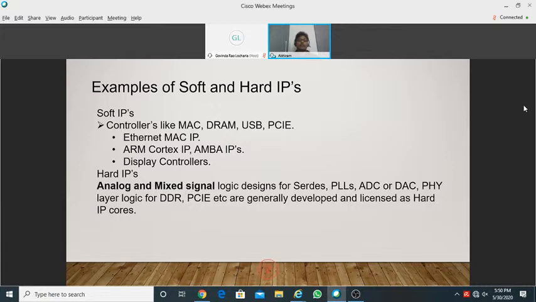In all these protocols, the physical layer is definitely going to have a serializer, deserializer, so mostly all of these come as licensed hard IPs. In case you change your technology, you again need to procure a hard IP based on the technology. These are hardly reusable because of the technology dependency. Okay, so these are a few examples of soft and hard IPs.